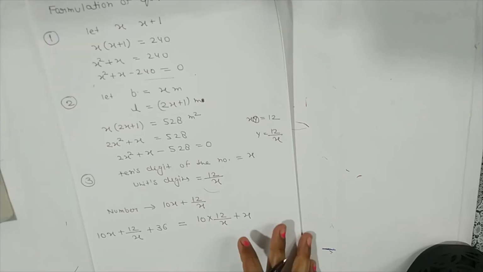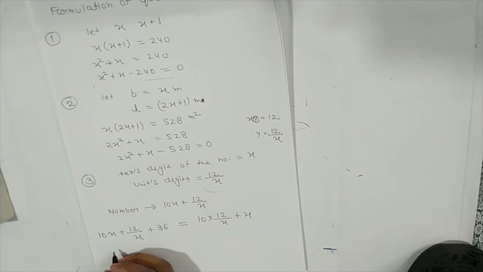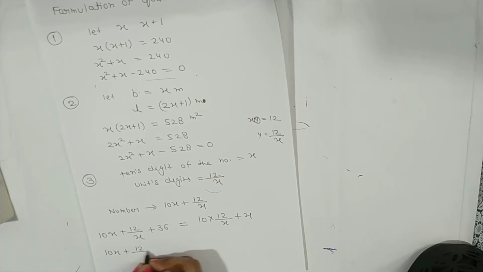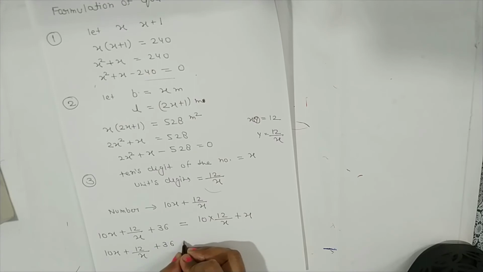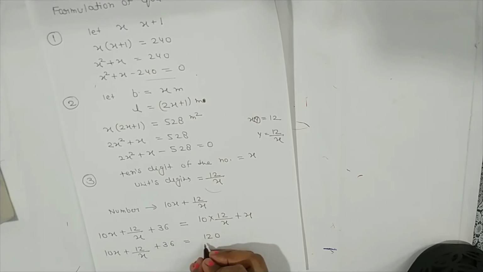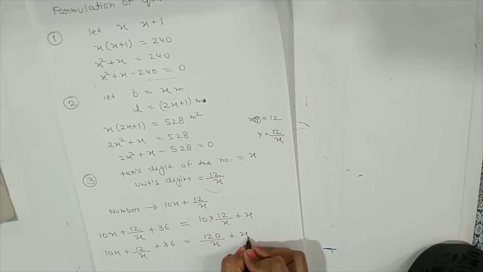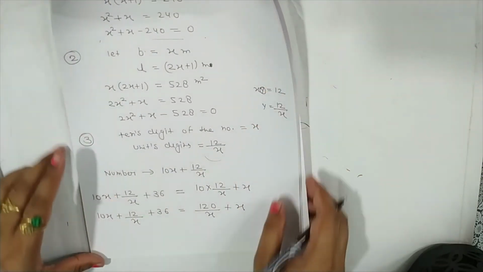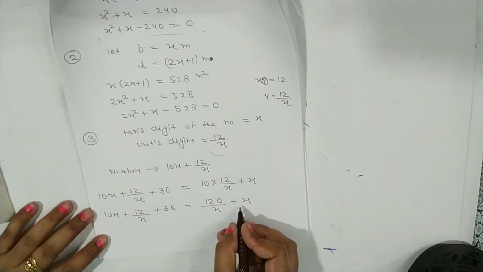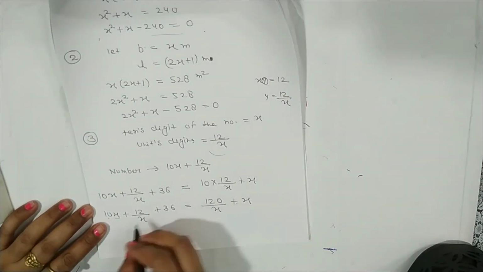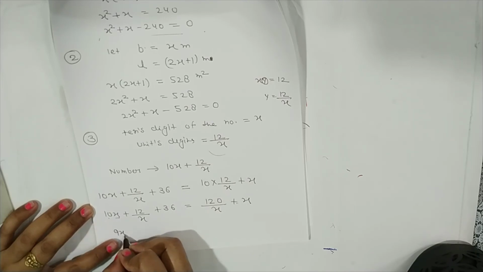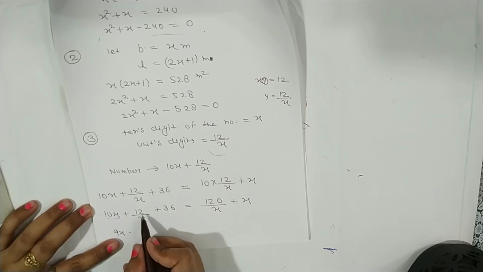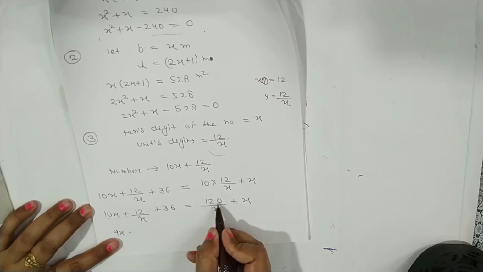Now we have to simplify it. So it will become 10x plus 12 upon x plus 36 is equal to 120 upon x plus x. When we transfer it, this is 10x and x, so it will be 9x. Then it will be 12 upon x and 120 upon x.